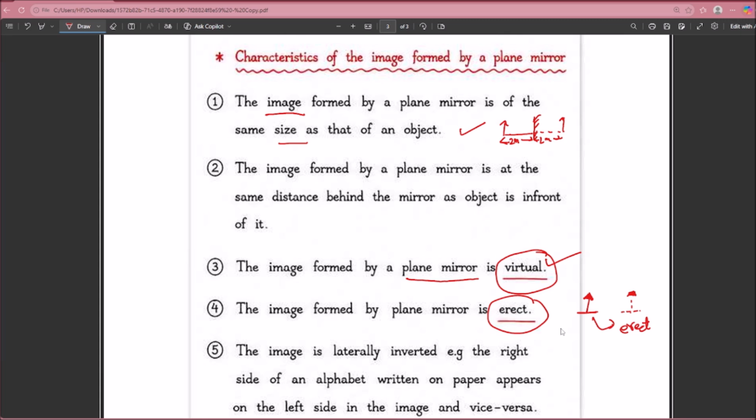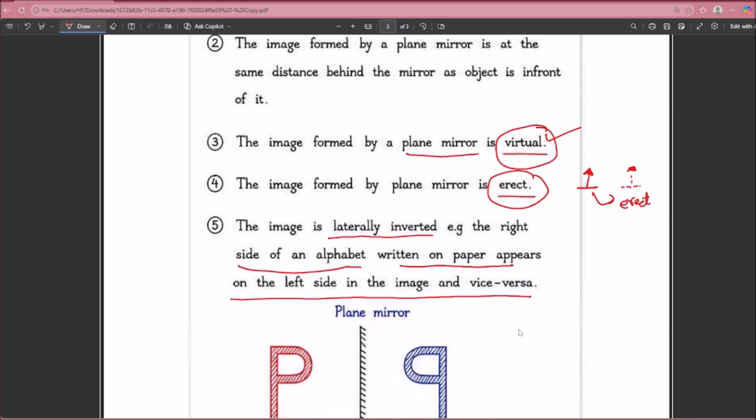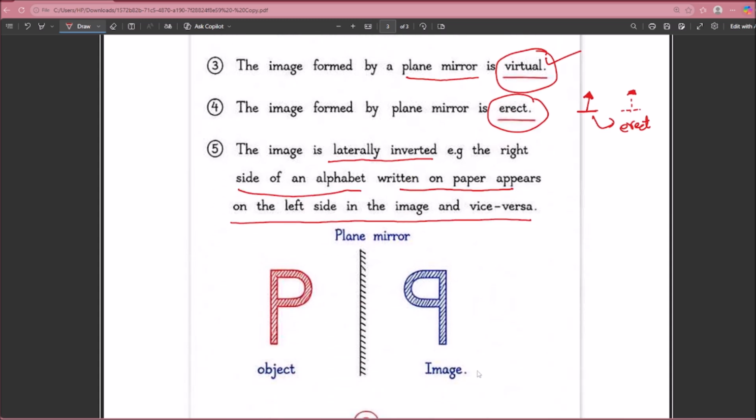The image is laterally inverted. This is a very important term, lateral inversion. That is, the right side of the alphabet written on the paper appears on the left side of the image, and vice versa. So if we write P on the object, the image will be formed this side.